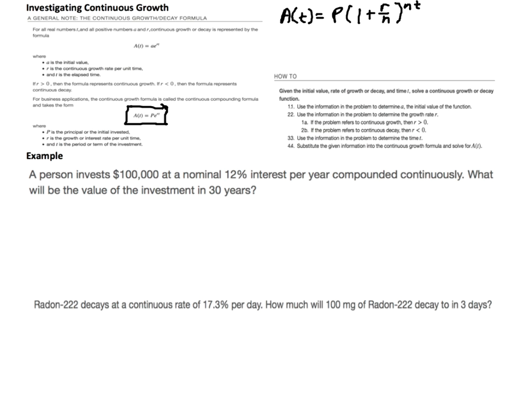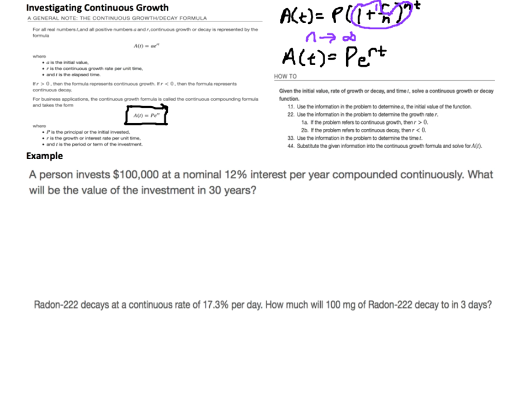Well, when our n value approaches infinity, it changes all of this. There's an understood 1 in front of the r multiplying. 1 plus 1 over n to the n, that's E. So what it changes into when we compound continuously is what we call the PERT formula: A of t equals P times E raised to the rt.